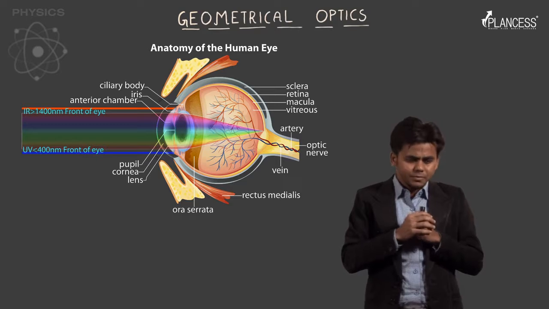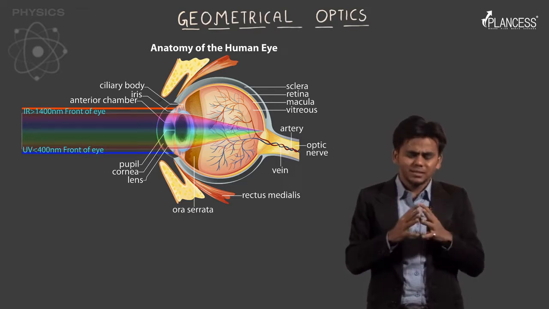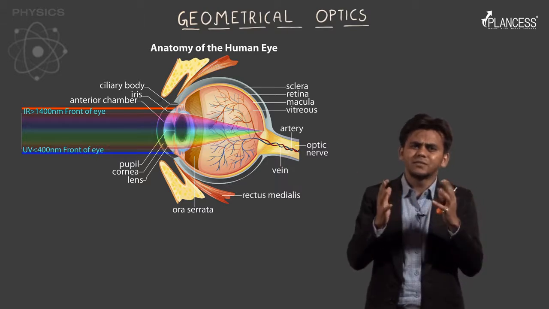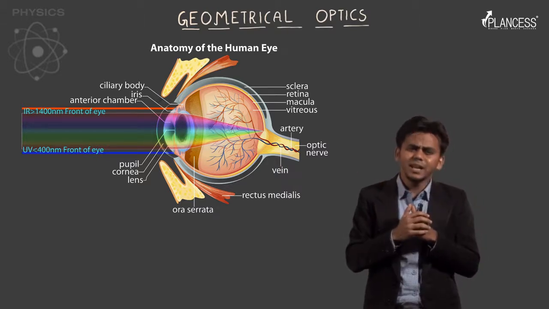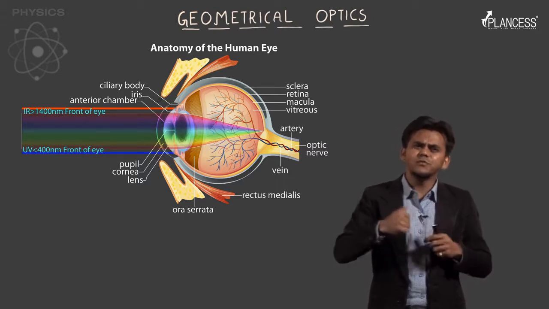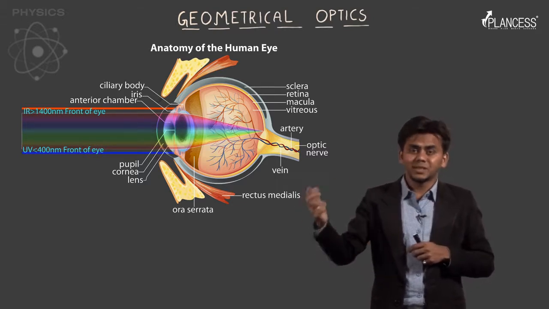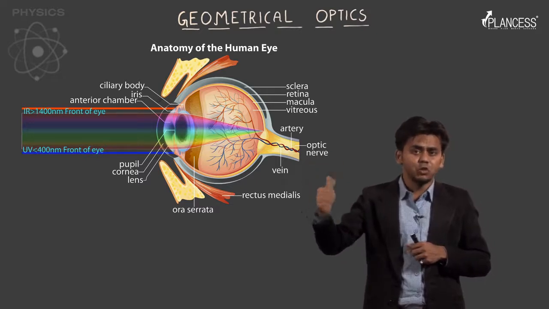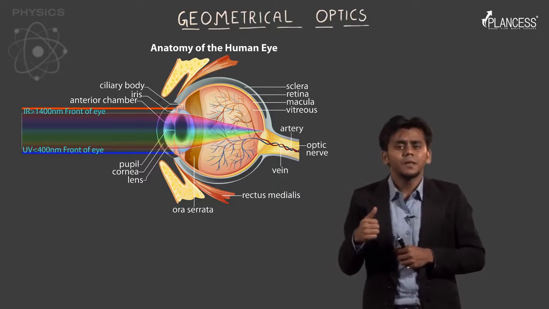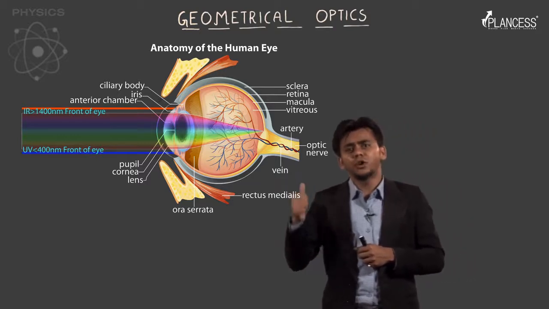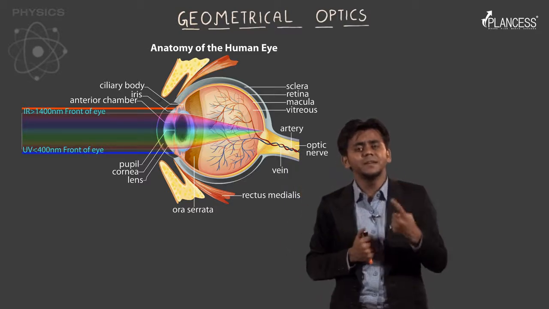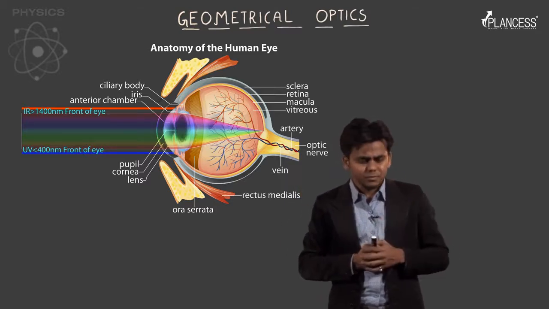Now, I have already discussed that this eye can be thought of as a single converging lens and my retina as a screen. I can change the focal length of the eye now. That's our advantage. How? By changing the curvature of my lens, by the ciliary muscles.